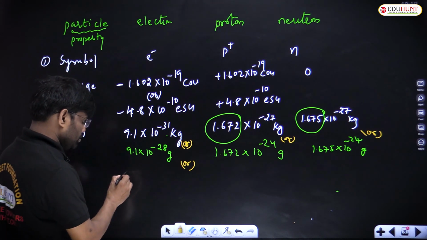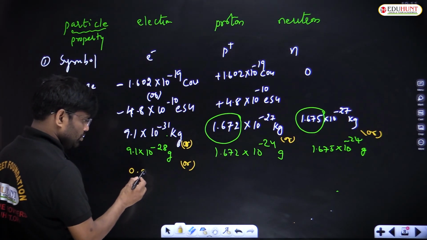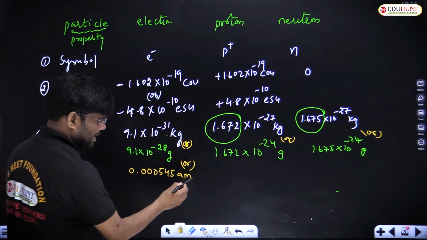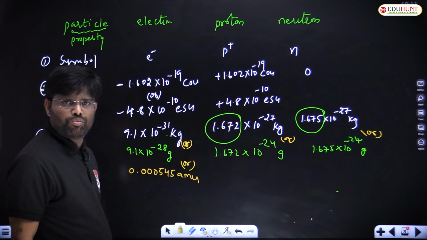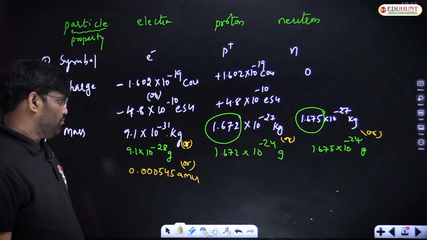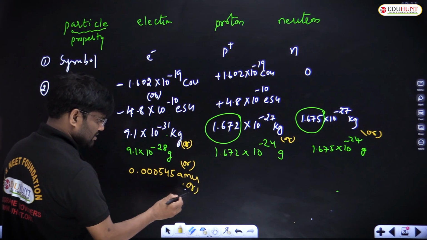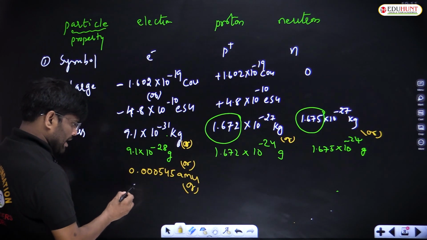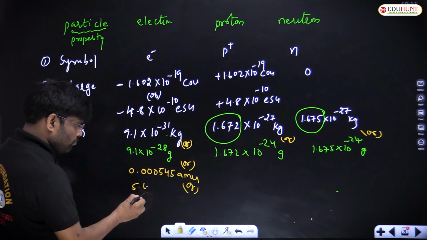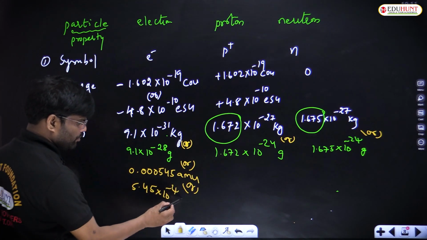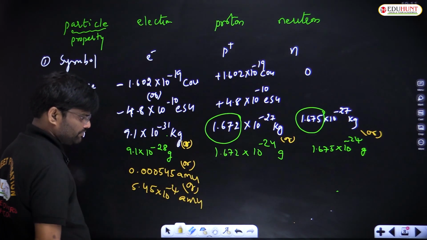This is 0.000545 AMU, atomic mass unit. Can I write like this? This is 5.45 into 10 power minus 4 AMU, atomic mass unit.